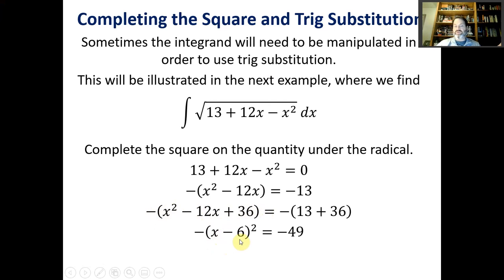You can FOIL it out if you want to, but that's how it works. And this just becomes negative 49. And then there's one more step. You bring the constant back over to the other side. So add 49 to both sides and you're done. So this quantity here is the same as this quantity here. And you can FOIL this out and check that it works.